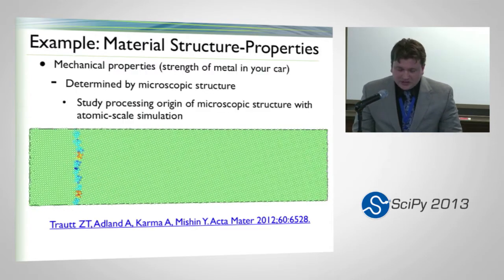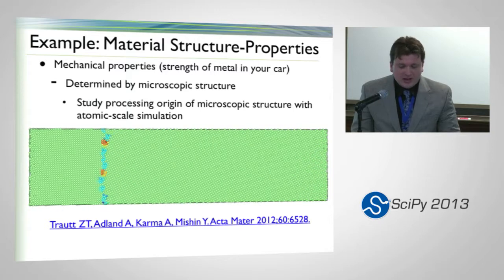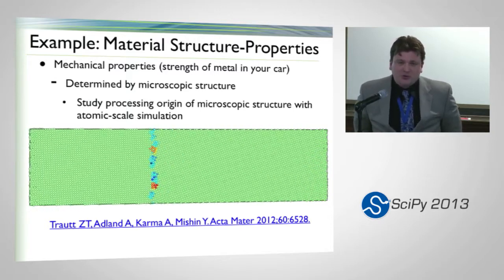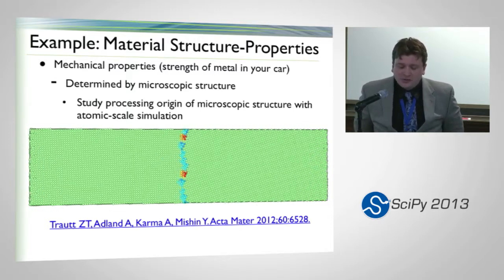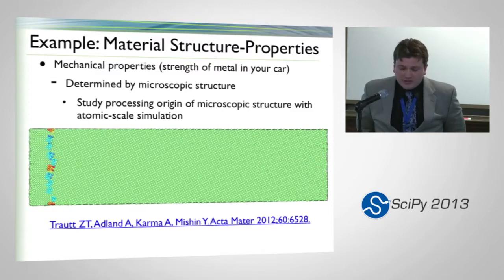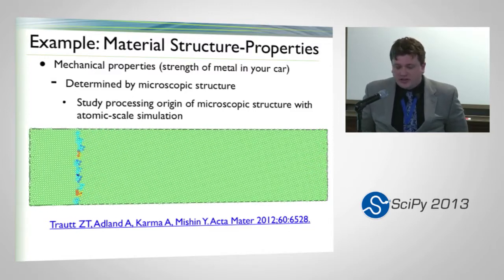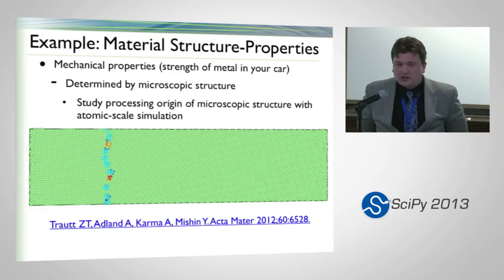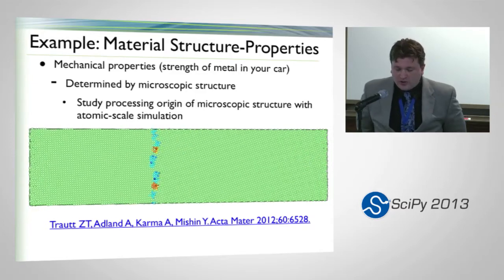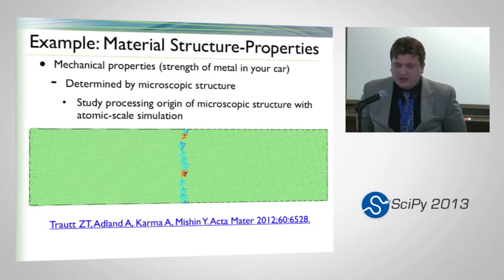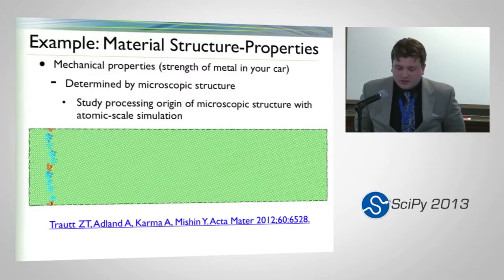So very quickly, here's a movie showing what I do. I really care about the relationship between structure and properties in a material. For example, the metal in your car is polycrystalline. What that means is there are different regions in that metal of perfect crystallinity, and they have different orientations. The planar defect between them is called the grain boundary.